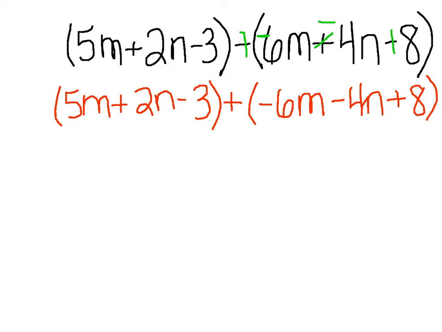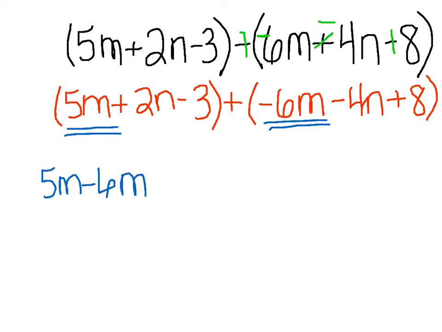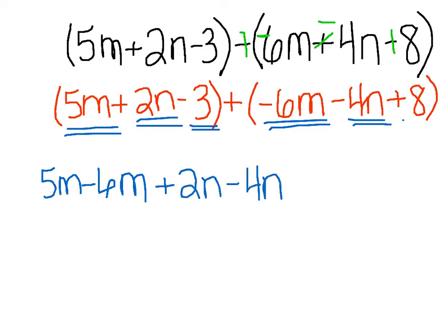So we're going to put all of our like terms together. We've got 5m and negative 6m. We have 2n and negative 4n, so plus 2n minus 4n. And then we have negative 3 and positive 8, so minus 3 plus 8.